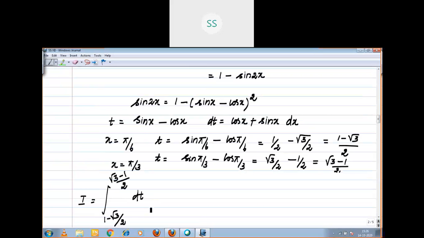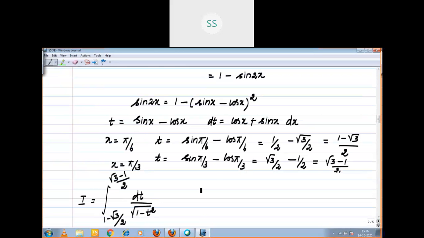Now we are going to enter into the integral. Integral from (1 minus root 3) by 2 to (root 3 minus 1) by 2, I equals. The numerator can be replaced by dt.